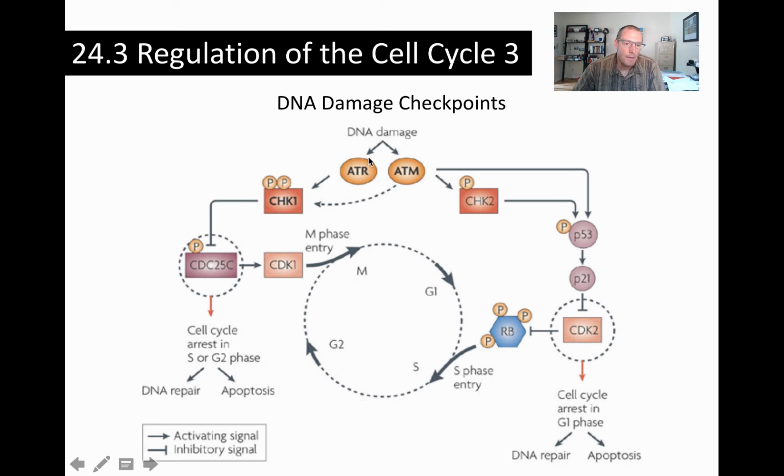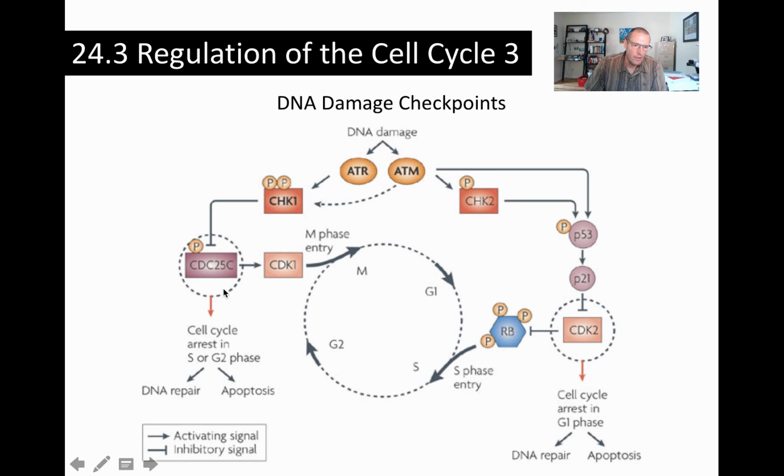Other types of DNA damage activate the ATR kinase, and that turns on this checkpoint kinase, CHEK1, and CHEK1 can turn off CDC25. If you think back to what's happening with the CDK as we go into mitosis, cyclin levels go up, cyclin binds to CDK, 2 inactivating phosphorylations, an activating phosphorylation, and then normally that CDC25 protein takes away the 2 inactivating phosphorylations and you're left with an active CDK.